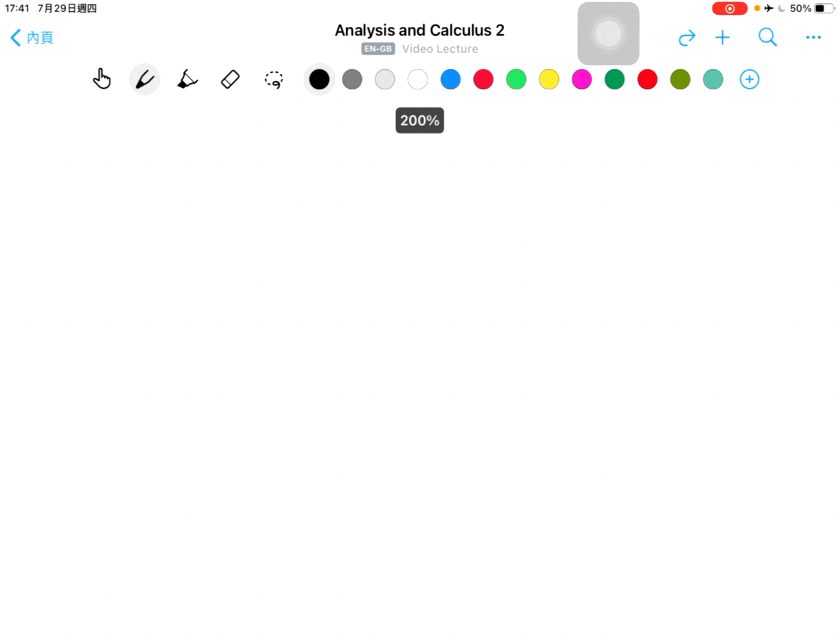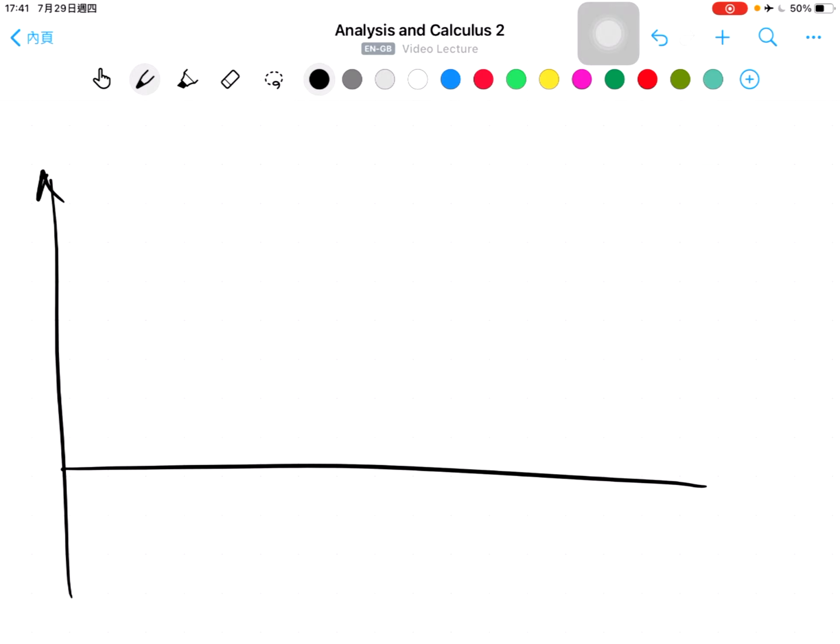We start with thinking of sequences, alright? So we start things with sequences, and we know, let's say, if we have a graph, let's say this is a graph of a sequence with index n, and then we know our sequence is a_n. Then probably our sequence goes like this.